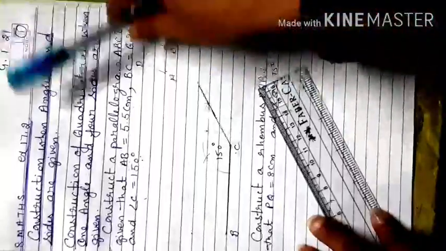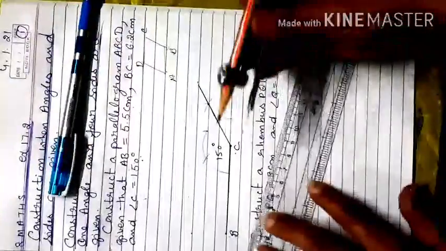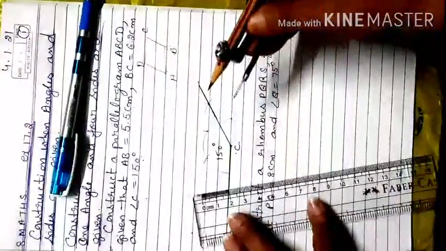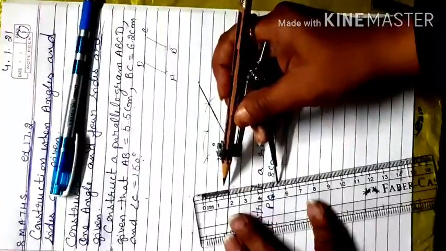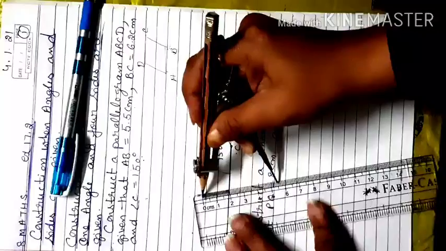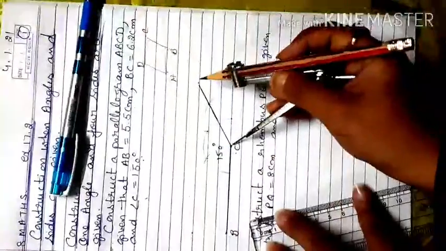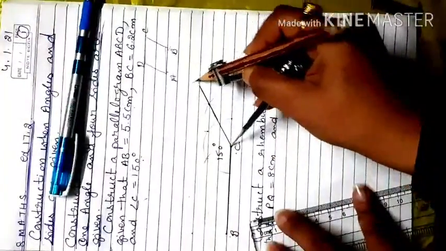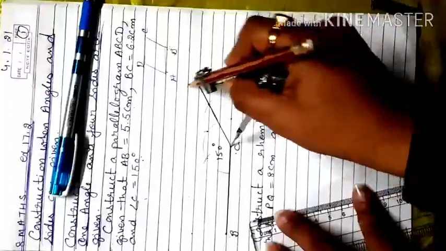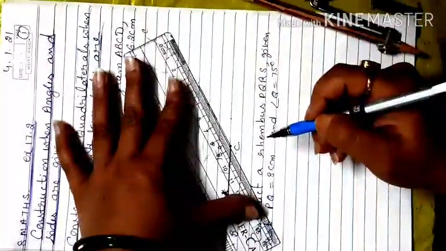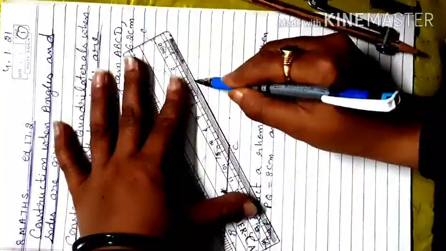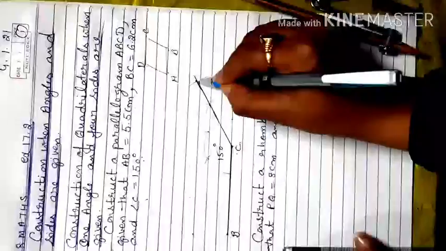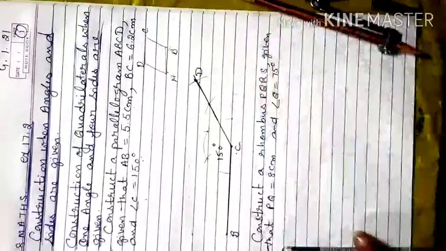So I will open the compass with the measurement 5.5, and draw an arc on the line at 5.5. Where this line and the 5.5 distance cut, that point I mark as D.